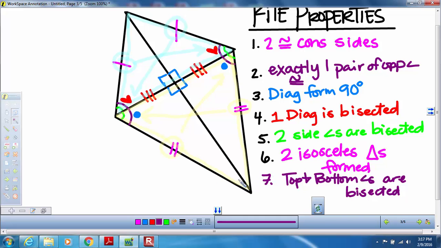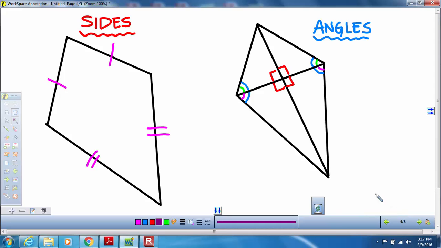So that means that this angle is congruent to this angle, and this angle here is also congruent to this angle here. So going back to our angles, this piece here is congruent to this piece, and this piece here is congruent to this piece.